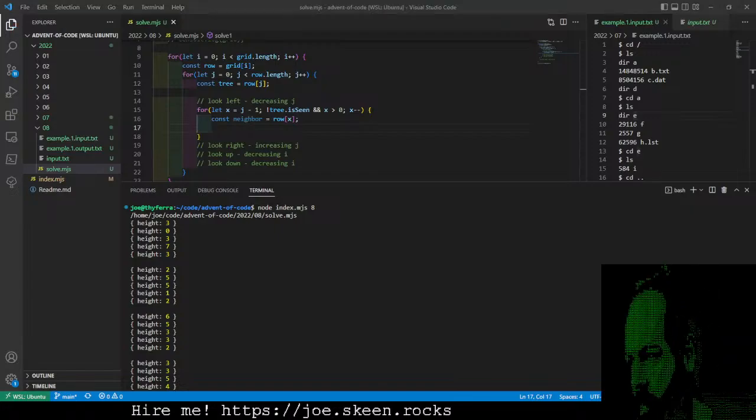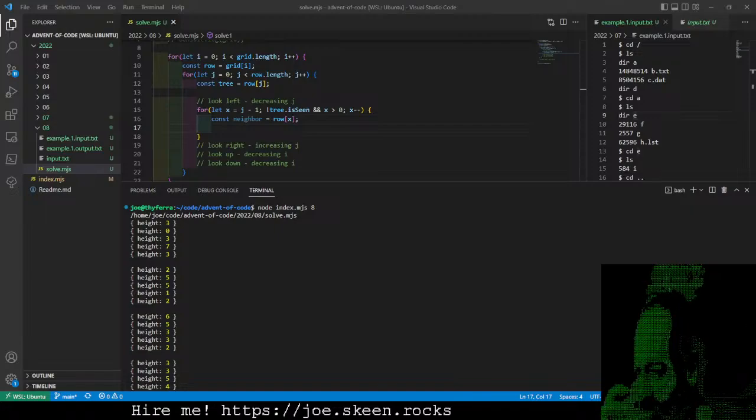Boom. But actually we need to stop if the tree is definitely blocked too. No reason to keep checking.